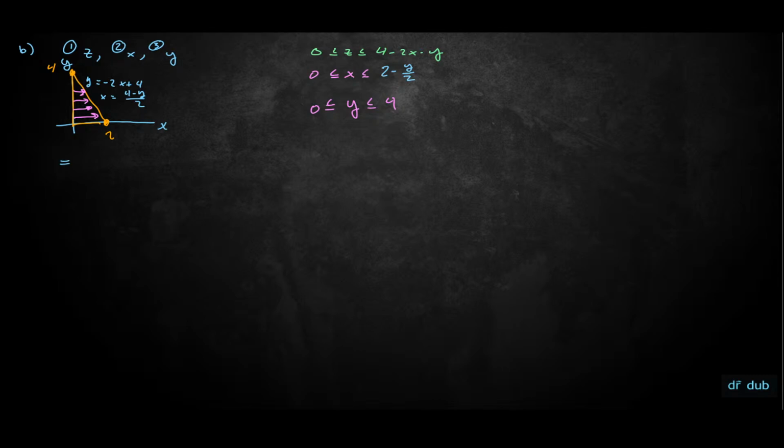And so then our triple integral could be represented as integral 0 to 4 for y, integral 0 to 2 minus y over 2, integral 0 to 4 minus 2x minus y, 6xy dz dx dy. So that's the first of 5 that we have to set up. So that would be setting it up with z, then x, then y.